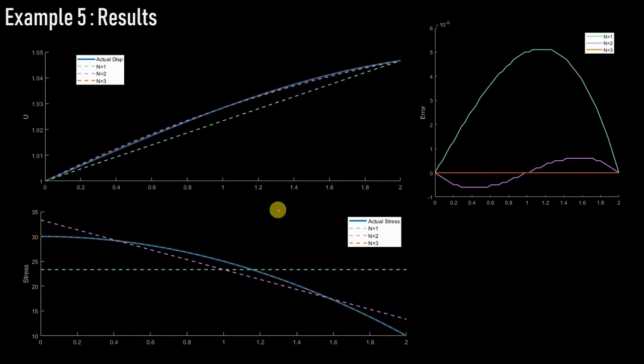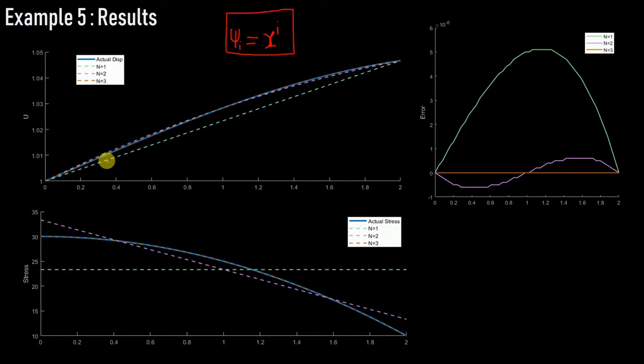So these are the results for different values of n when we have chosen the basis functions psi i equals x to the power i. Sorry for the writing. Okay, so we have chosen this type of basis functions in this case.